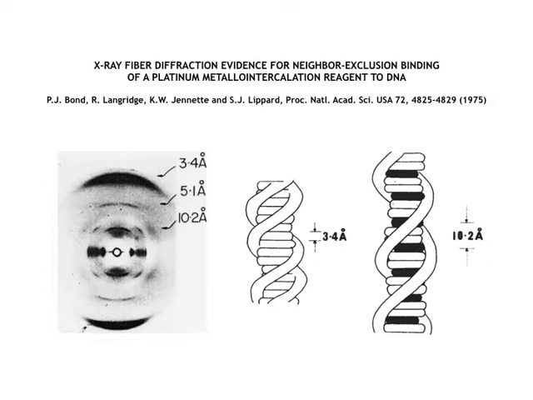From the sharpness of the 10.2 and 5.1 angstrom near-meridional reflections, these primarily reflecting the platinum-platinum scattering vectors, the crystalline domain size in these fibers can be estimated to be on the order of several hundred intercalated base pairs. This is most easily understood as arising from a structural phase transition, in which this platinum organometallointercalator highest energy beta DNA complex arises as its dominant phase.